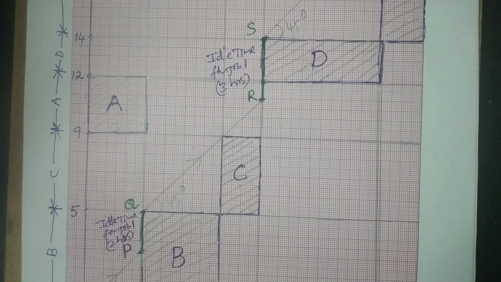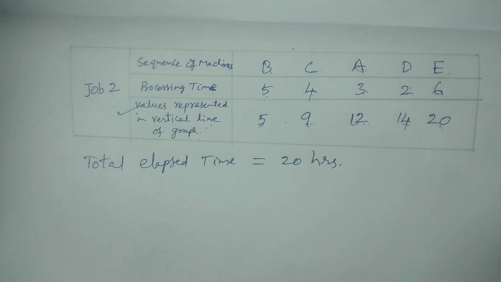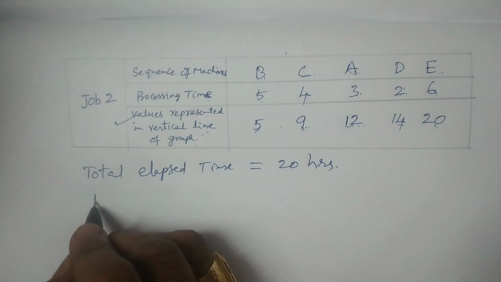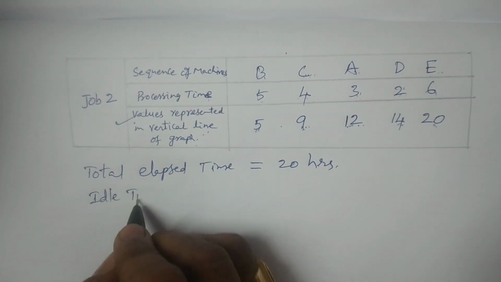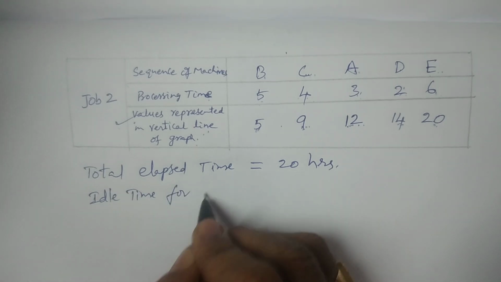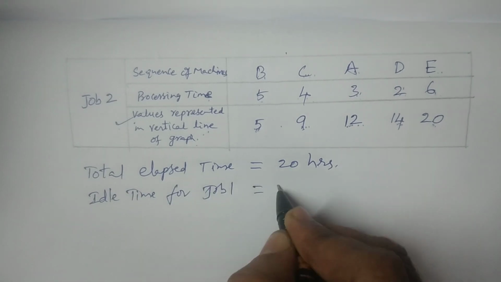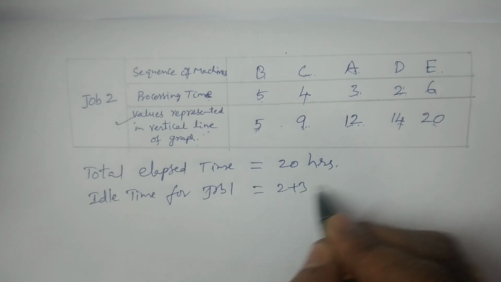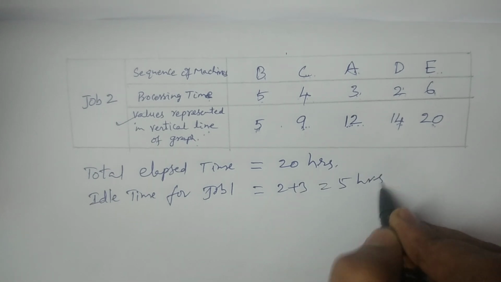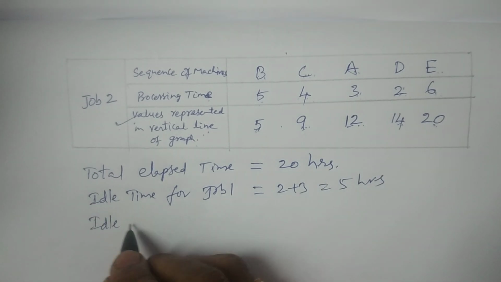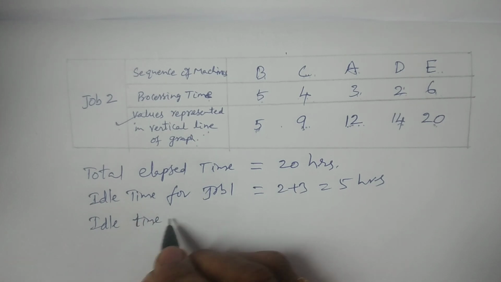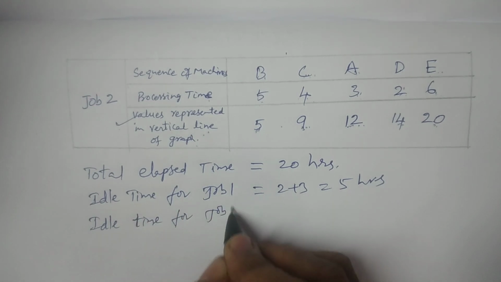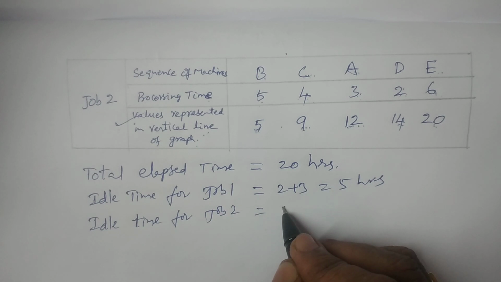Now we write in the problem: idle time for job 1 is 2 plus 3, equal to 5 hours, and idle time for job 2 is equal to 2 hours.